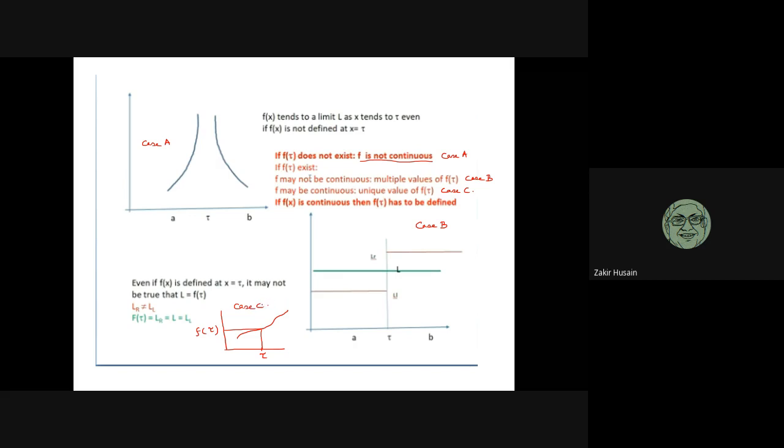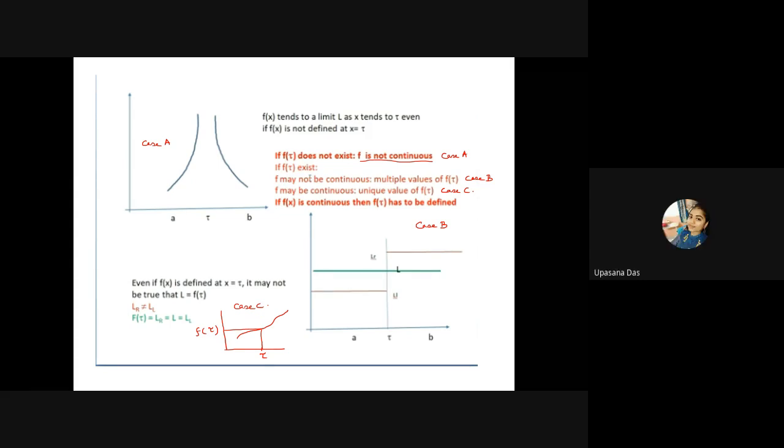So in order to be continuous, a function has to satisfy two properties. Can you guess what the two properties are? Sir, first of all, the left hand limit and right hand limit should exist and both be equal to each other. And both of them should be equal to the value at tau.